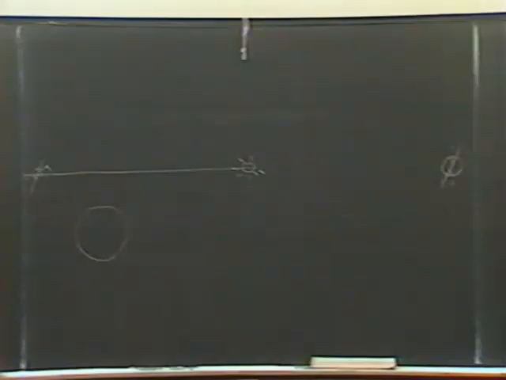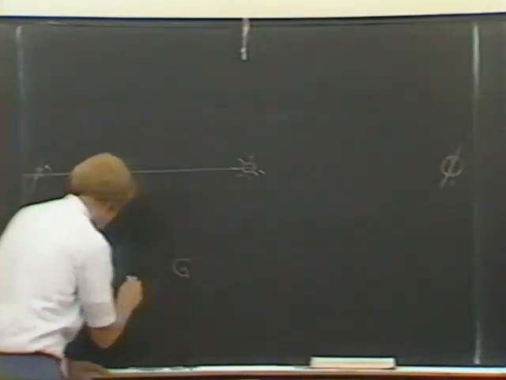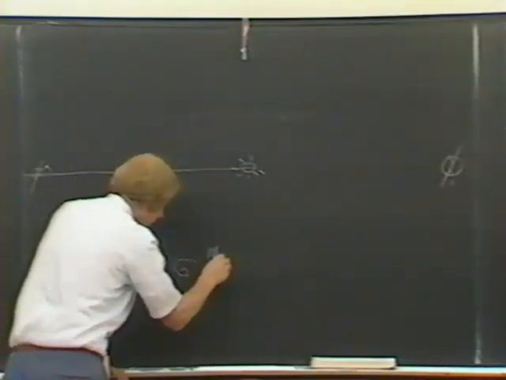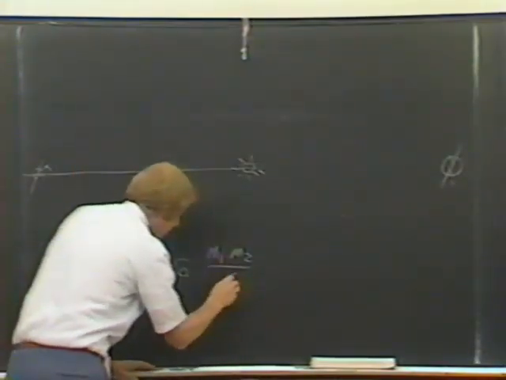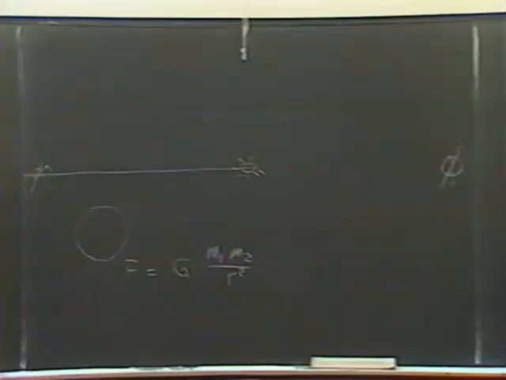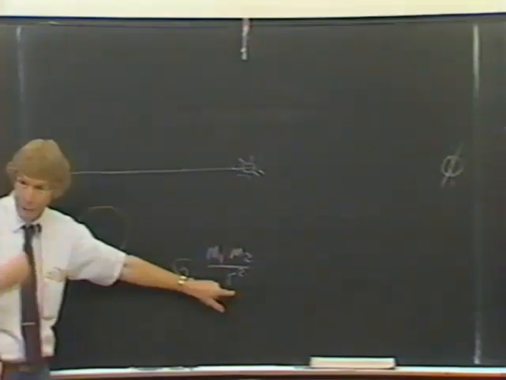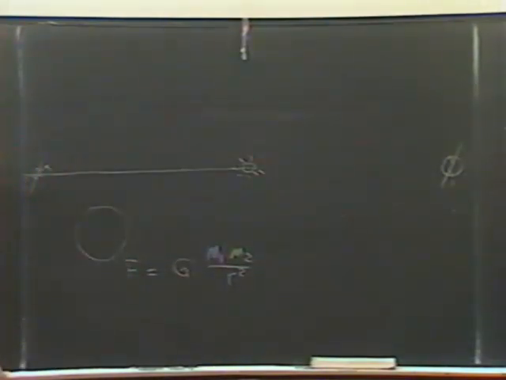You all know Newton's laws. The force is equal to a constant times the mass of one times the mass of the second body divided by r squared, the distance between them. And while the moon's mass is very much smaller than that of the sun, it's much closer to the Earth than the sun. So the moon's attraction dominates the tidal system. But the sun's still close enough so that it affects it.